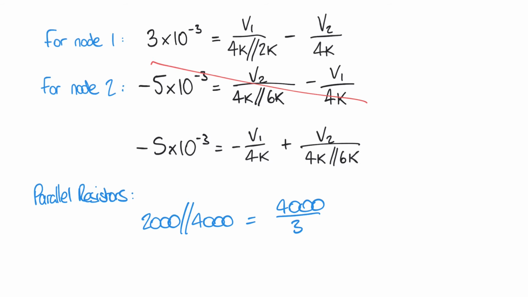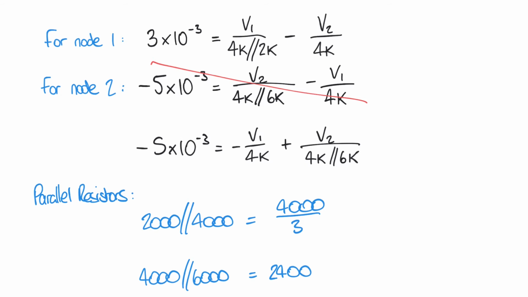And we have 4000 in parallel with 6000, and that comes out as 2400. So again, I'm not rounding this 4000 over 3 here. I'm not going to convert it to a decimal. I'm going to leave it as a fraction for now, and we'll see that it'll hopefully allow us to make some simplifications in just a second. So let's return to these equations that we've set up here.